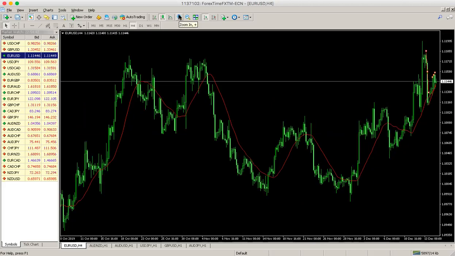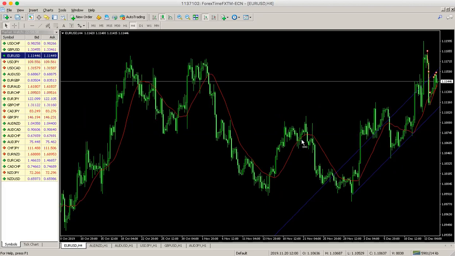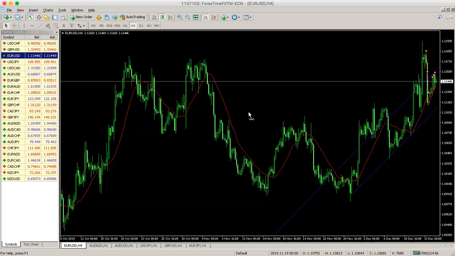So if I connect a trend channel line, you will see that what we have is higher high, higher low from this area here. So you see this is a trend channel line.